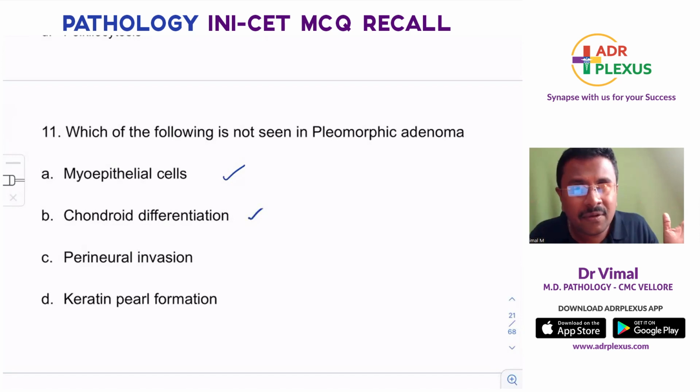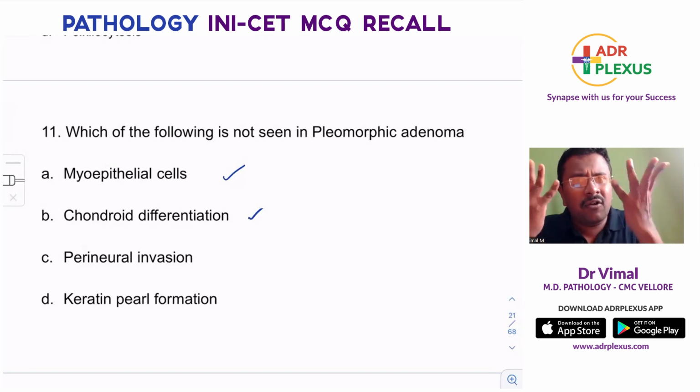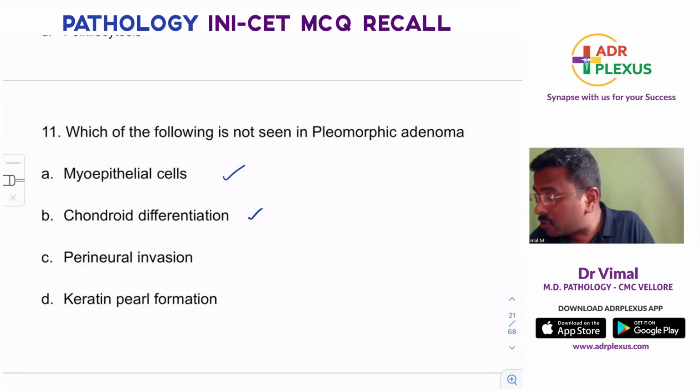So please take it from your mind that keratin pearls are not very specific for squamous cell carcinoma. They can be seen in any other condition which has a lot of squamous epithelium. Wherever squamous epithelium is there, it will start producing keratin. So keratin pearl formation can be seen in pleomorphic adenoma, so this option is also correct.